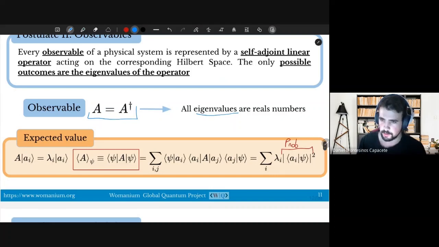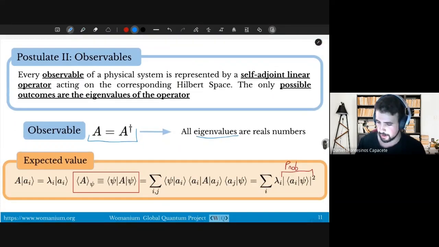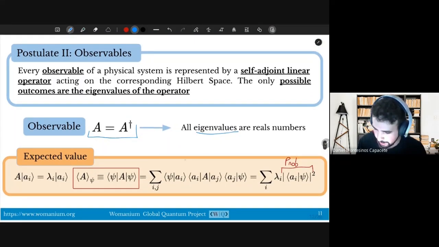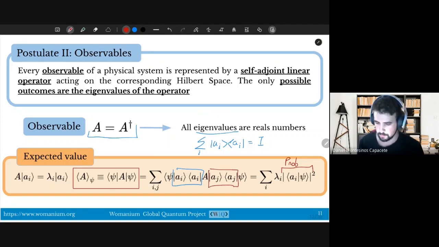I think I must hurry up a little, but remember yesterday when we were saying that if you have a basis and you sum, for example, here, this will be the identity, right? So I've introduced the identity two times, one here and the other one here. I have just done that.